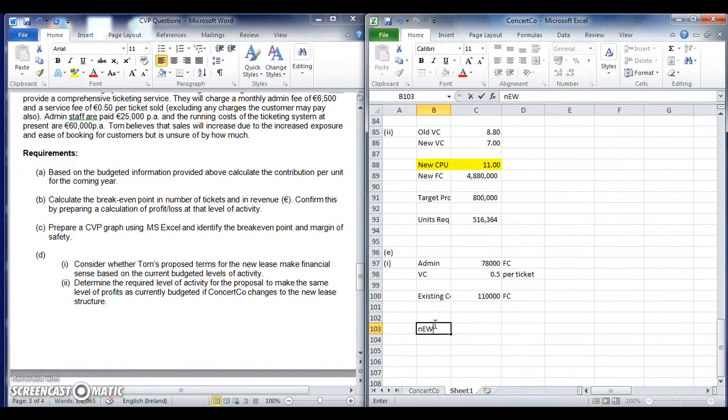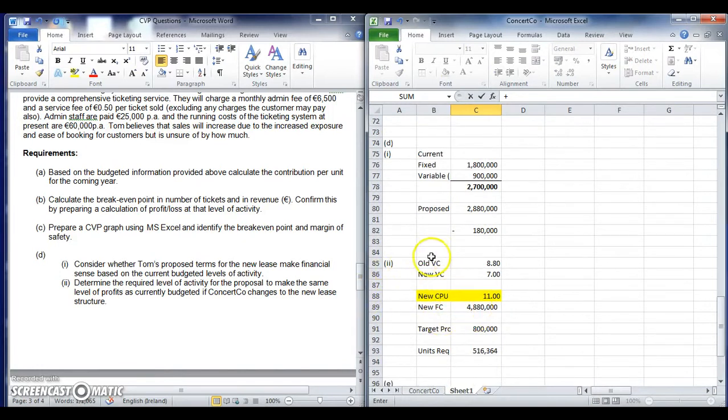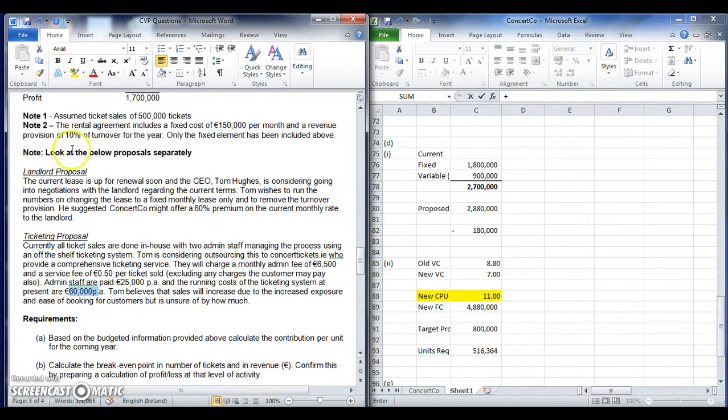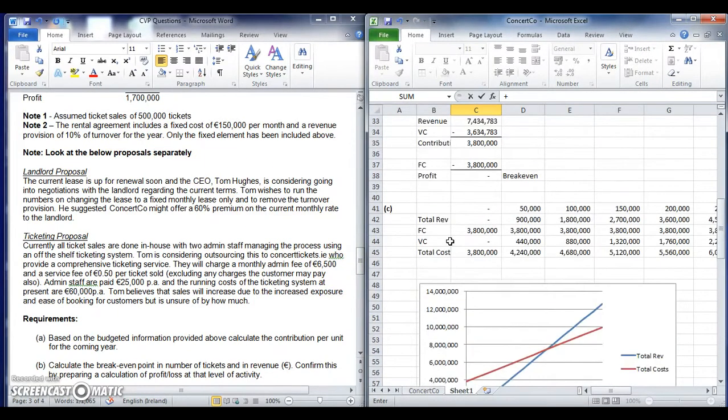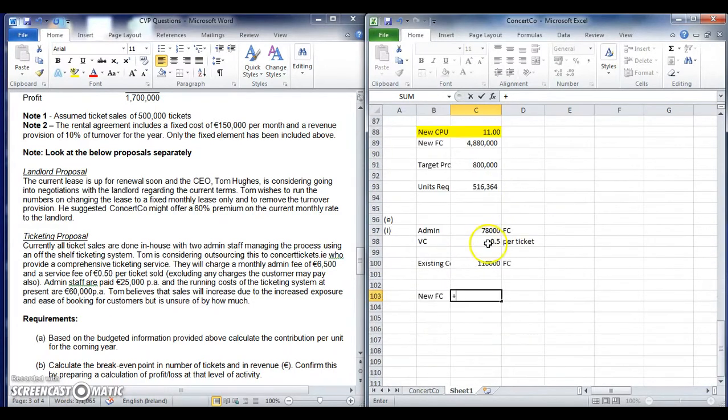Well, now we have to work out what the new fixed cost is in total. The existing fixed costs, remember you're looking at these separately, so completely ignore part D, as you're told in the question to look at these proposals separately. The existing fixed costs here were 3.8 million. So 3.8 million was the existing fixed costs.